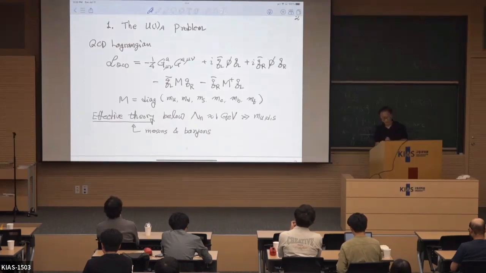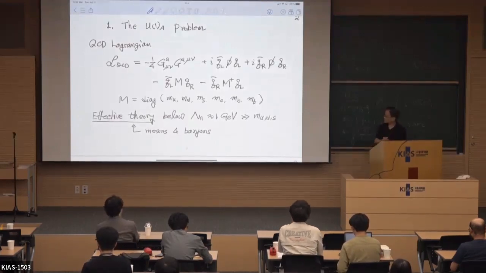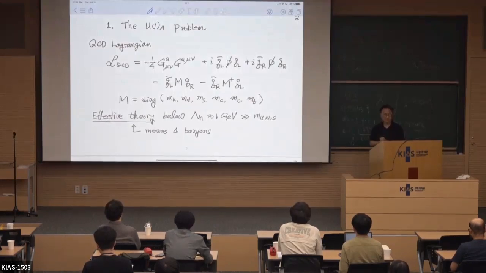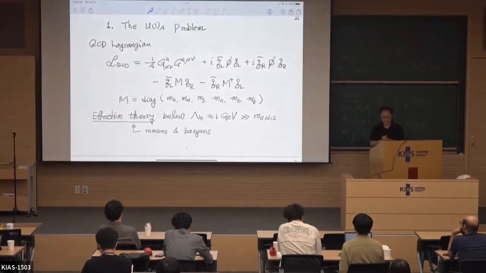Okay, so the U(1)_A problem. This is the QCD Lagrangian, everybody knows, right? G is the gluon field strength, and then we have left-handed and right-handed quarks. Of course, QCD, the strong force, doesn't distinguish between left-handed and right-handed. But for us, the electroweak theory is chiral, so this distinction will be relevant for our discussion later.